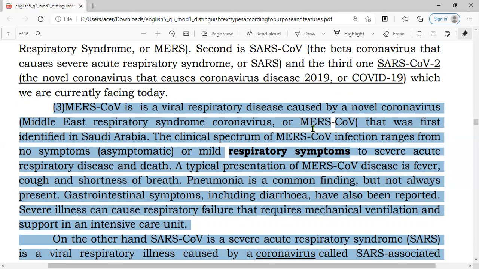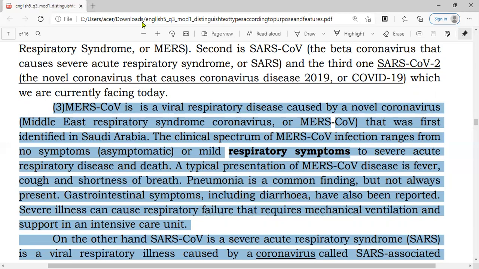A typical presentation of MERS-CoV disease is fever, cough, and shortness of breath. Pneumonia is a common finding but not always present. Gastrointestinal symptoms, including diarrhea, have also been reported. Severe illness can cause respiratory failure that requires mechanical ventilation and support in an intensive care unit.